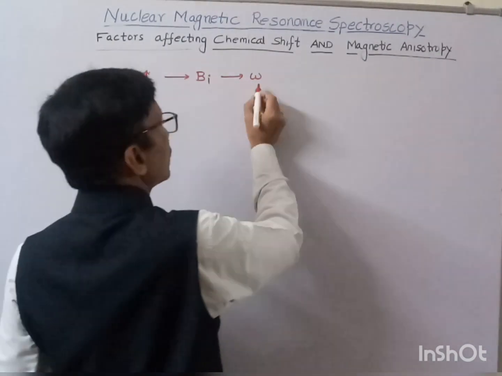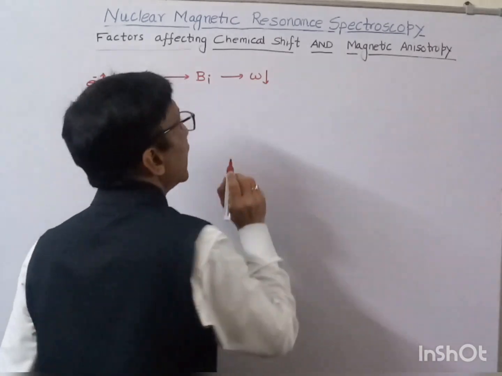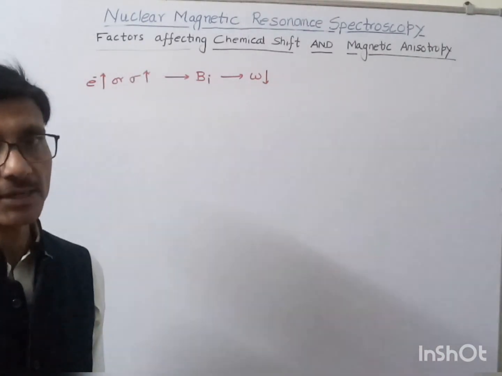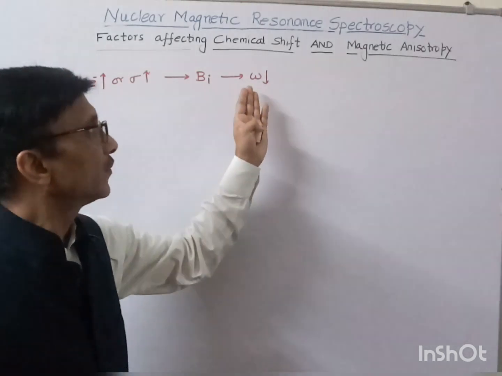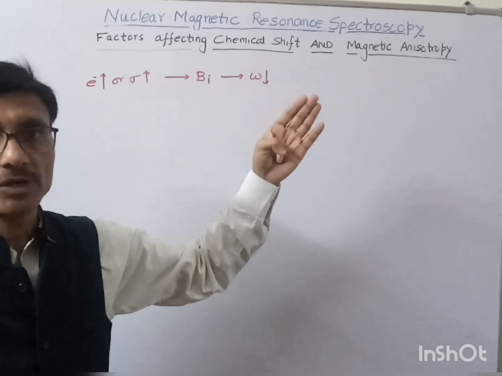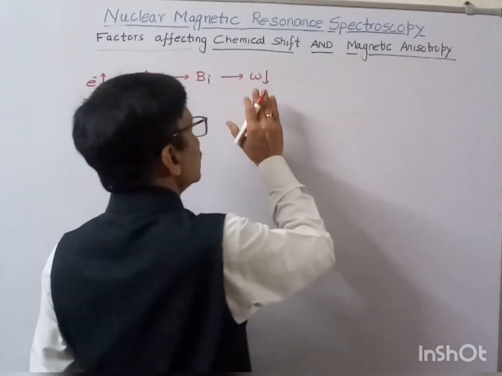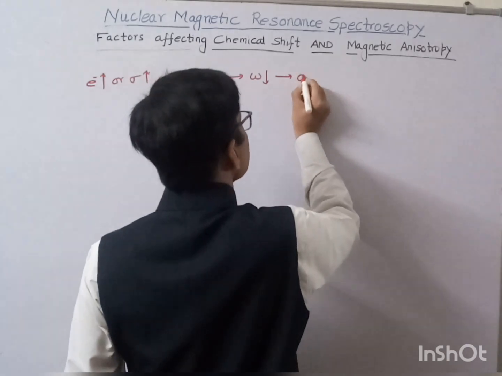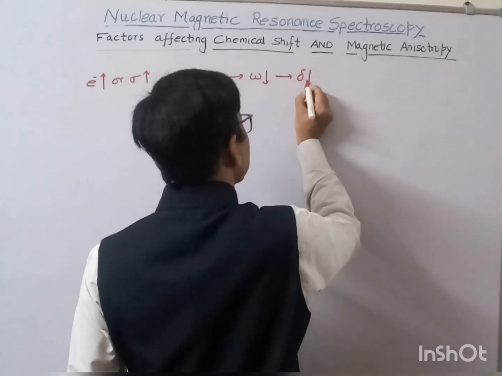This precessional frequency is directly proportional to the chemical shift, or we may convert this frequency into the chemical shift that I told you in my previous lecture. So if this decreases, the chemical shift value will also decrease.